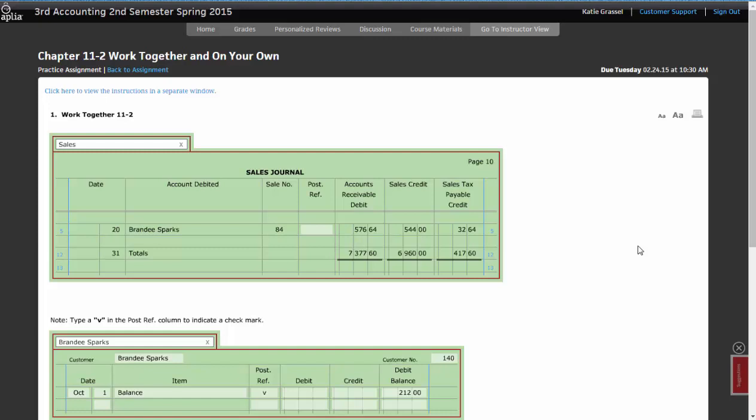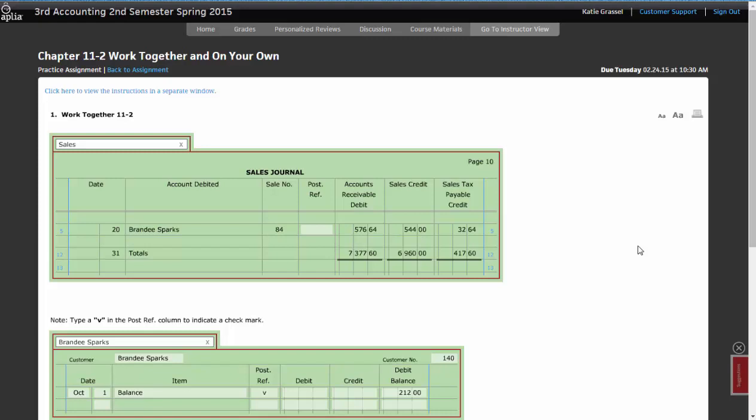So here, we know that Brandy Sparks is going to be debited, but I have 3 numbers here. We need to know which number we use. Remember, which ledger are we using right now? Accounts receivable. Do you see right here at the very top of this column it says accounts receivable? So that tells you this is the amount that needs to go in that ledger.